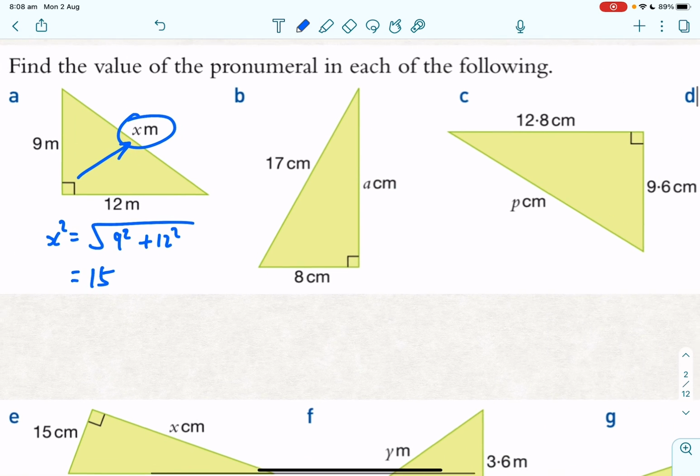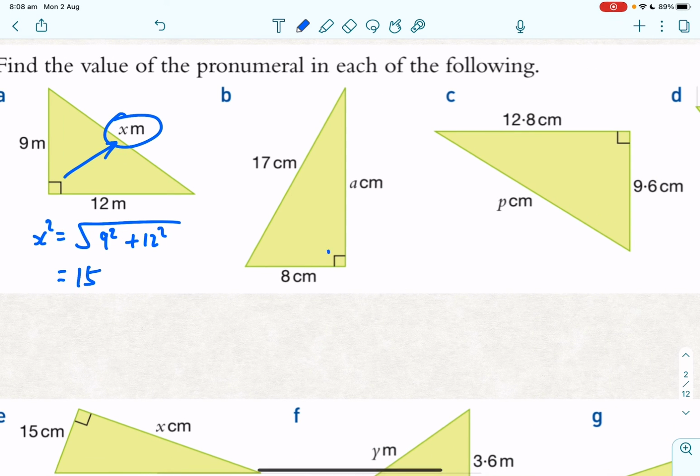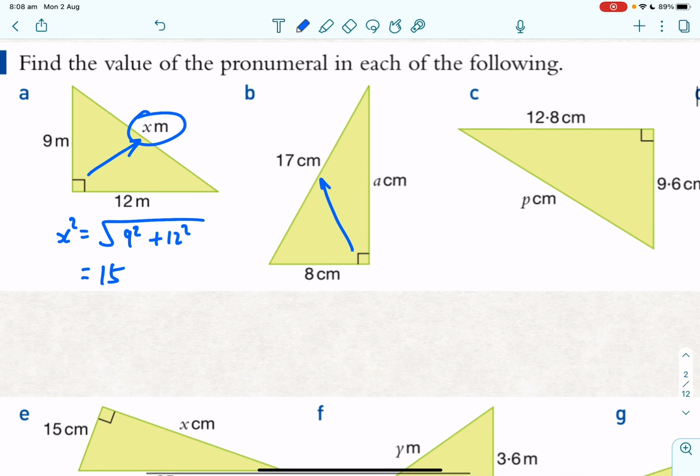Again, similarly. Now this one's known, that means we're minusing. So a equals the square root of 17 squared minus 8 squared. I'll skip the squared step because we don't really need it here.